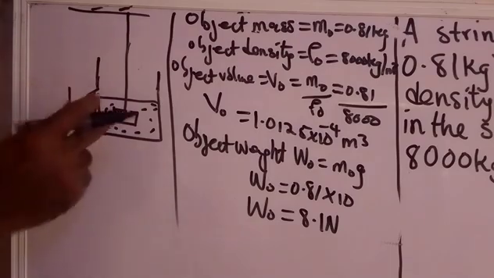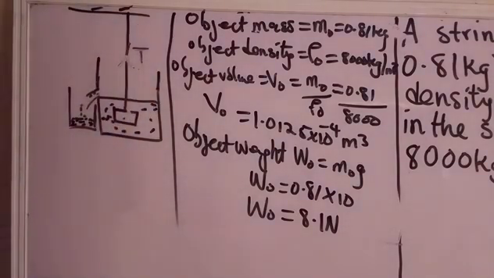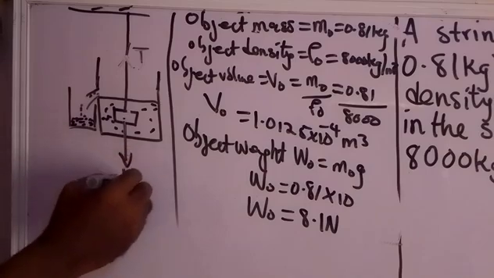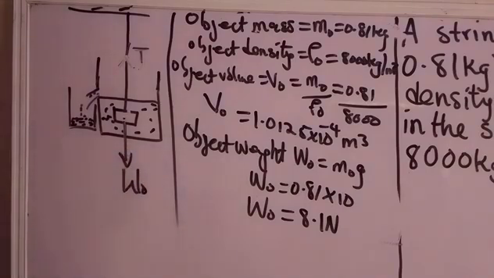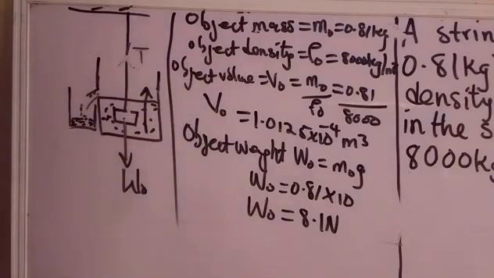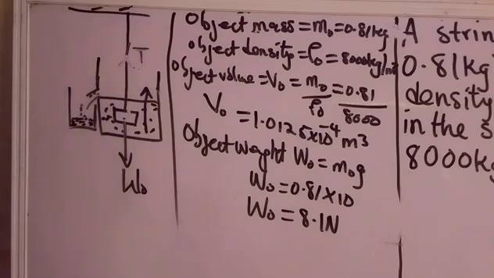Now, how many forces are acting here? Of course, this is a thread. There is a tension force acting through the thread up. Now, there is weight of this object acting down. Of course, there is upthrust, which is the upward force that pushes on objects immersed in a fluid.